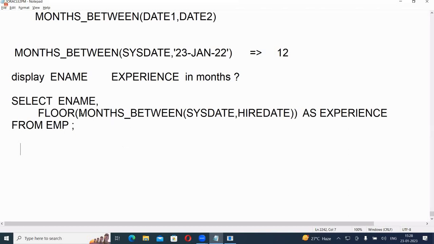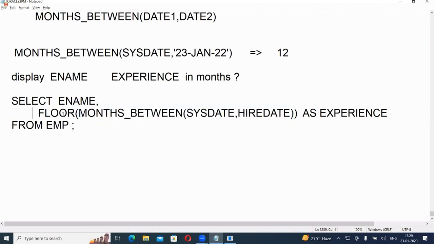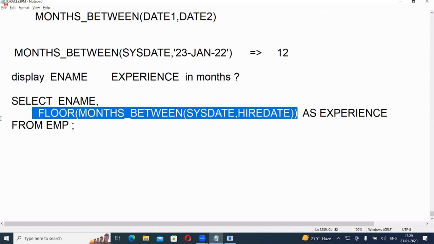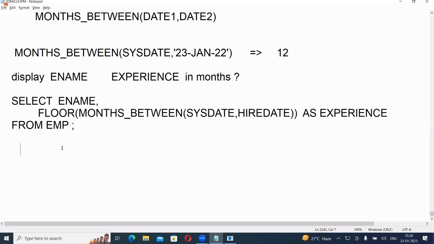So which one is executed first? Months between is executed, giving 505 point something. The floor function will round that value to an integer. So this gives the experience.